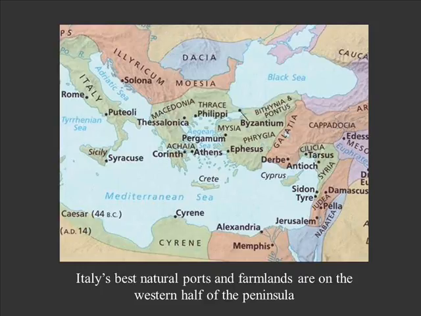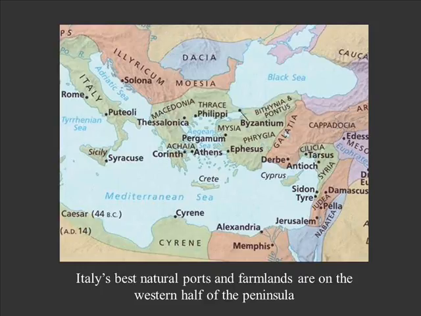And that has big political ramifications, big political results, because they're growing up on the other side of the mountains, not facing Greece. And the Greeks are becoming the center of civilization and power around the 2000s and going into the 1000s BCE. And they have a more difficult time getting around Sicily, this island here, and up into western Italy.